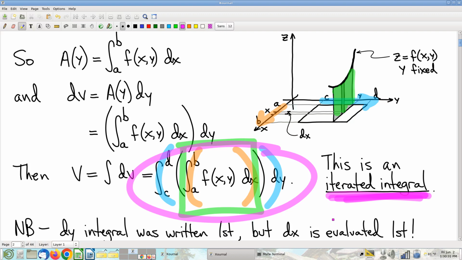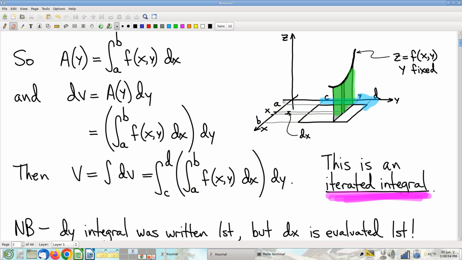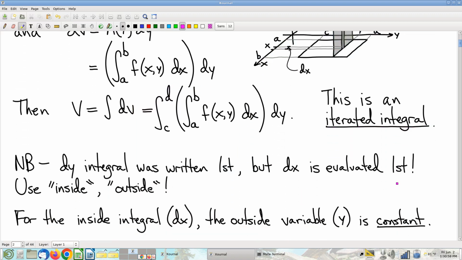I at one point tried to popularize the term nested integrals, because it's literally an integral inside of another integral. I thought that was a little more clear, but it didn't take off. That was 20 years ago. I'm officially giving up. Anyway, iterated integral. Okay. All right, and just a little bit of terminology.